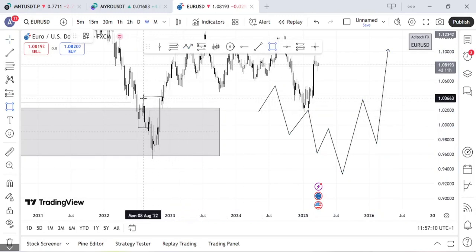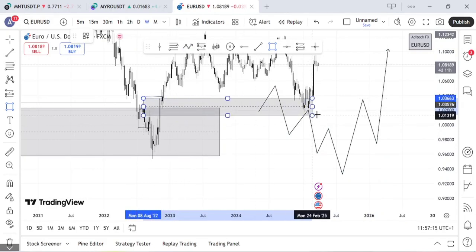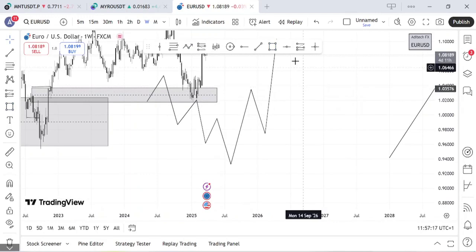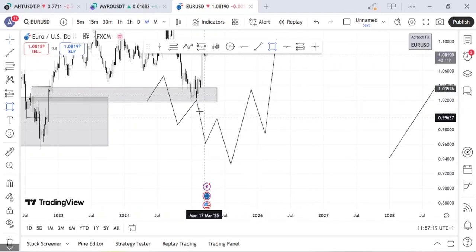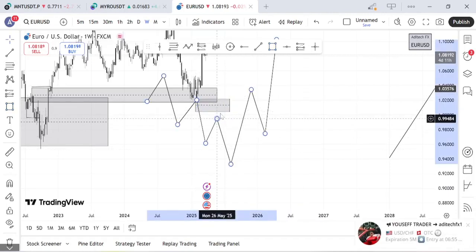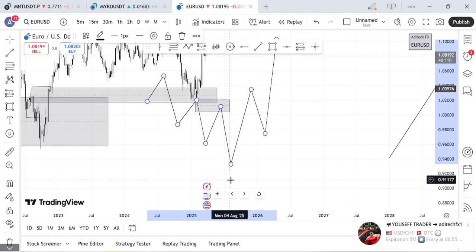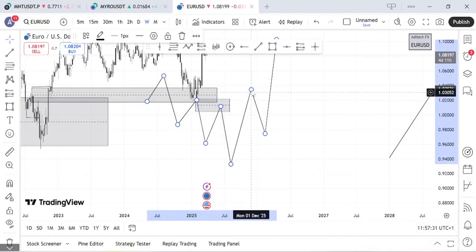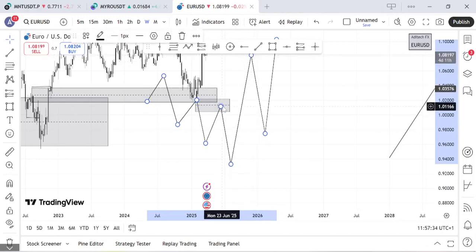Now we have a breaker block right here. This is what we call a breaker block. So what is a breaker block? Now normally as price is going down, we have what is called an order block, right? Price is supposed to tap into this order block and continue, but now price failed to respect the order block and displaced higher, right?